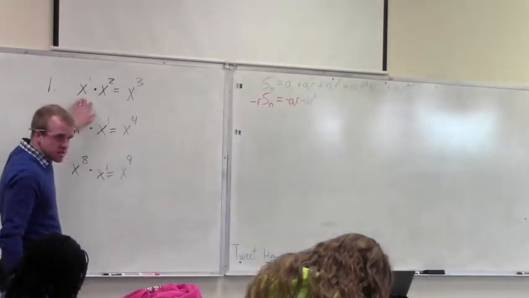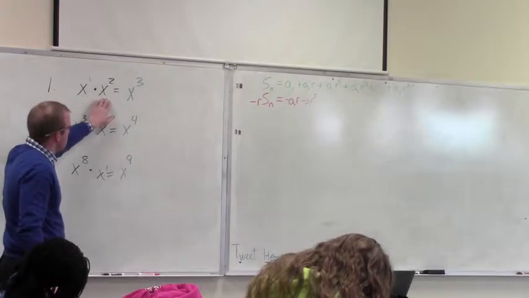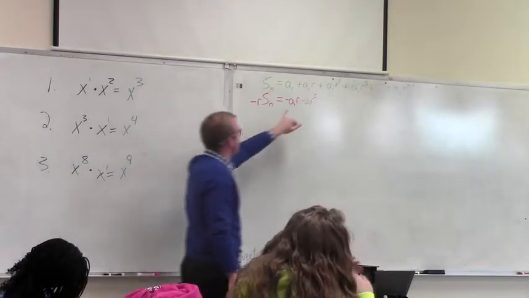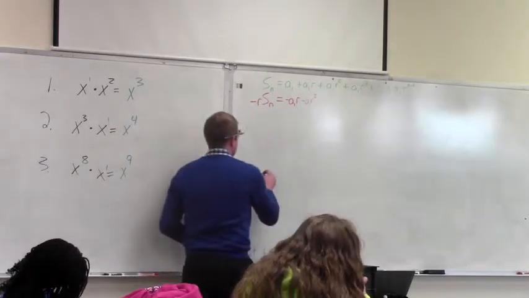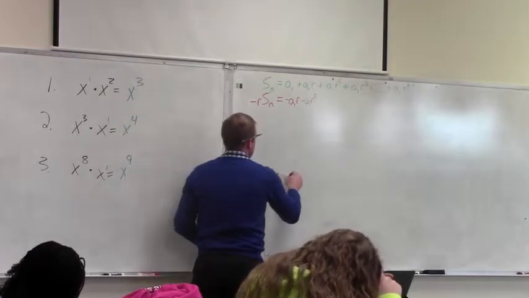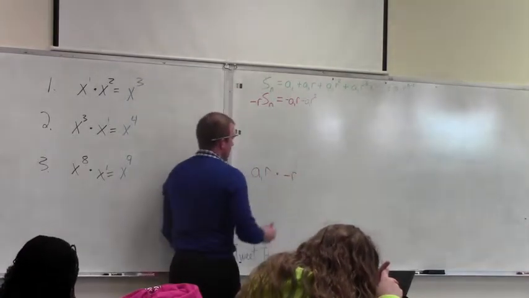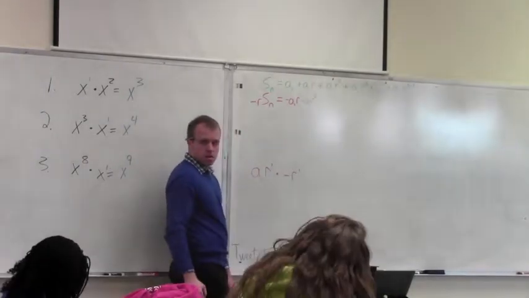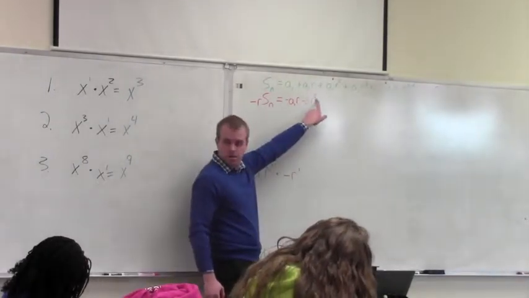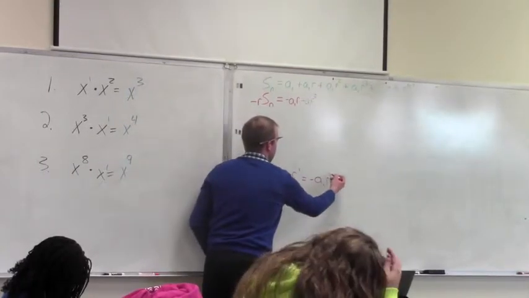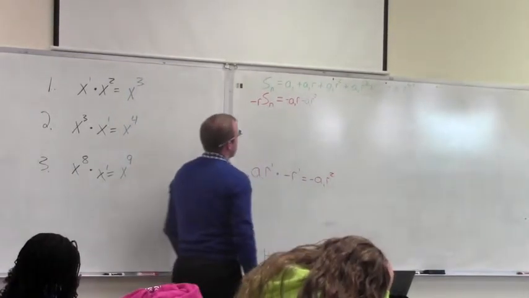When I did x times x squared, I just added my exponents together. So A sub 1 r times negative r, aren't these both 1s up here, technically? So I add them together, and that's where this squared comes from. That becomes negative A sub 1 r squared. That's why they write it that way in your book.